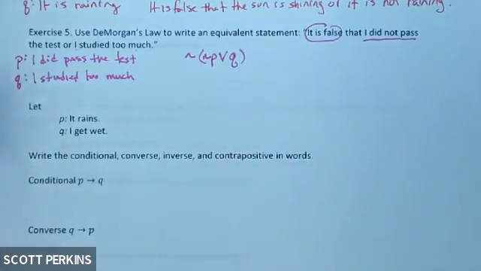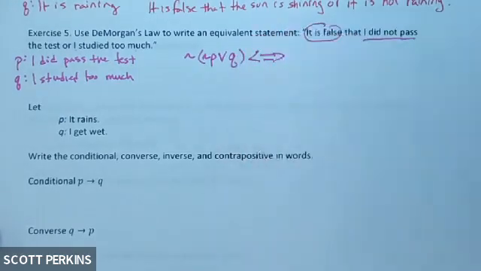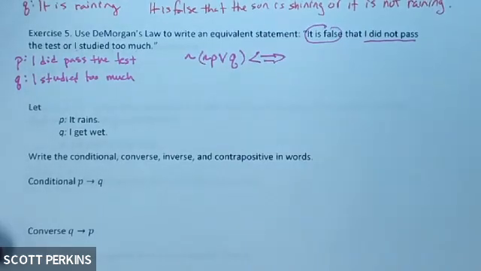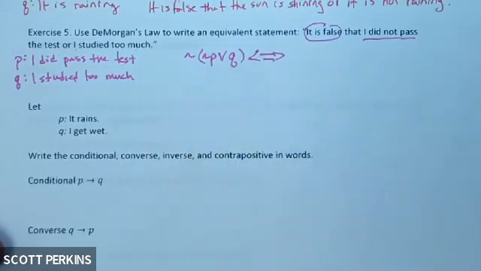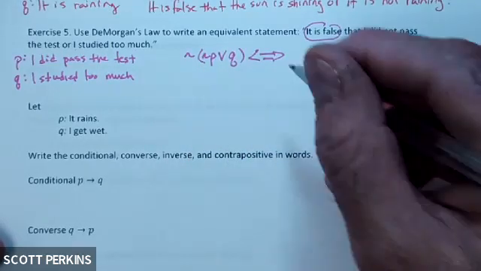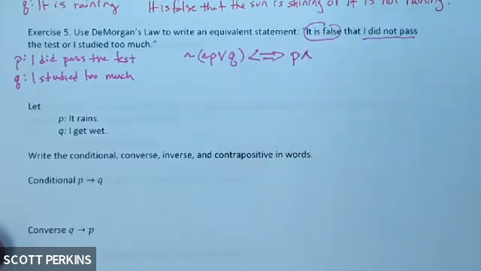So here we have the reverse process. That's why I gave this particular problem so that you'd have an experience with this. This is the reverse process where we're going to distribute the negation. So when I distribute the negation, I have a negative times a negative P. What does that turn out to be? Positive. And then I'm going to change the or to an and. That's what DeMorgan's law says.